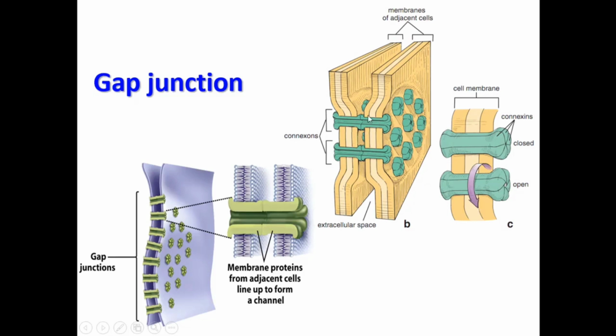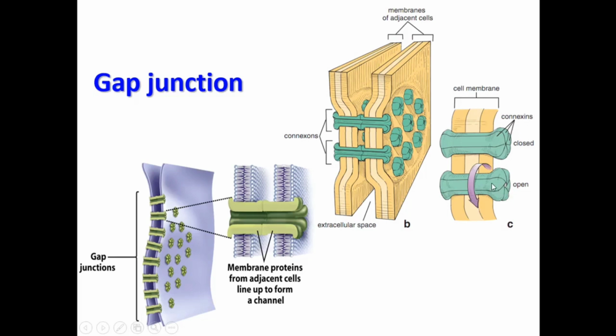In the formation of these junctions, 6 transmembrane proteins called connexin assemble and make a dumbbell-shaped structure, and each dumbbell-shaped structure is called a connexon. You can see the name connexon. Each protein is a connexin.